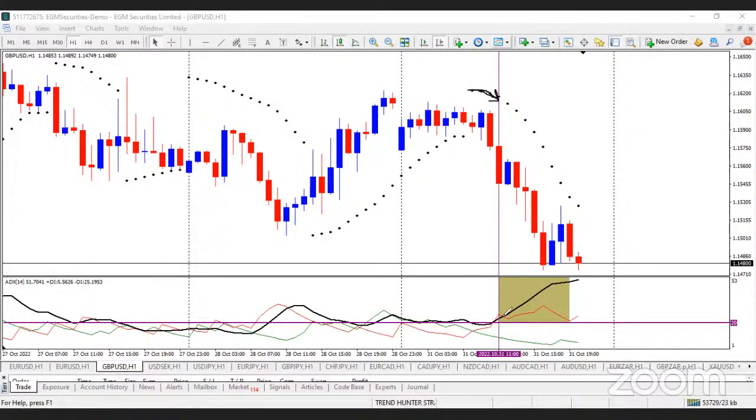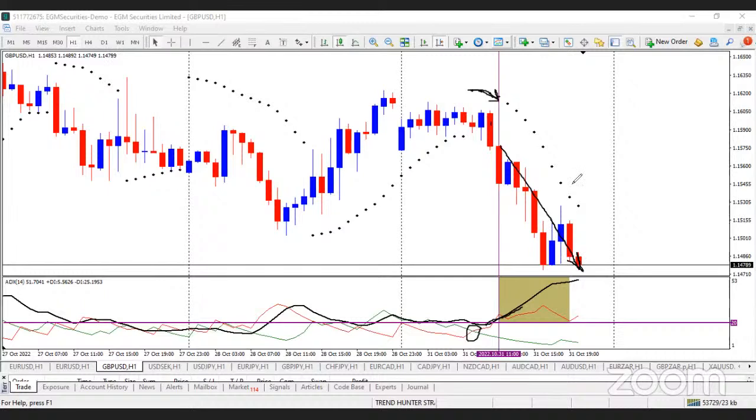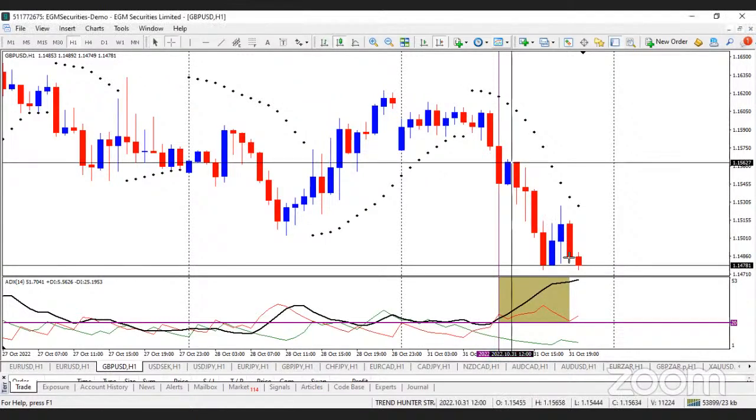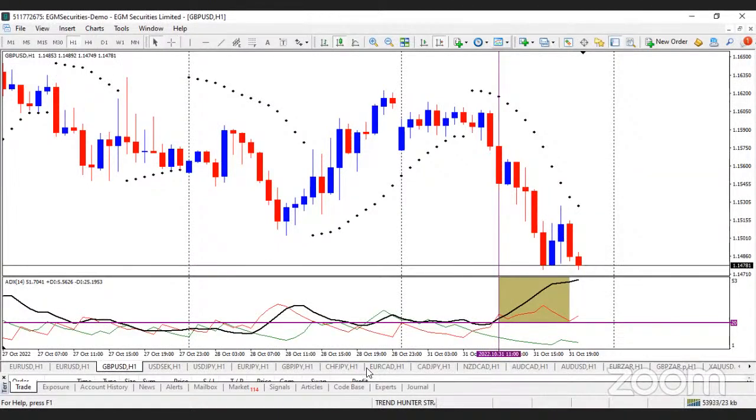Then the fact that the momentum was on the increase and it was a negative momentum, you could have capitalized on this downward move. So this is a very good run. From around 11 o'clock, price has dropped by around 80 pips. A range of 80 pips is good enough for you to get a good trade setup.